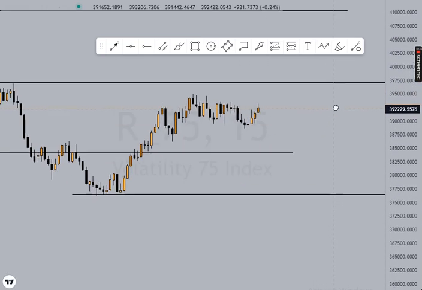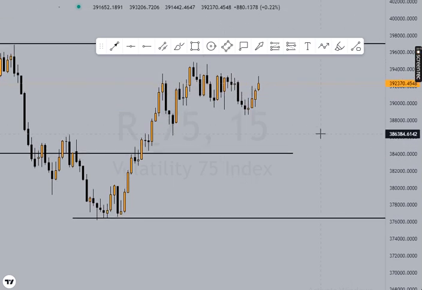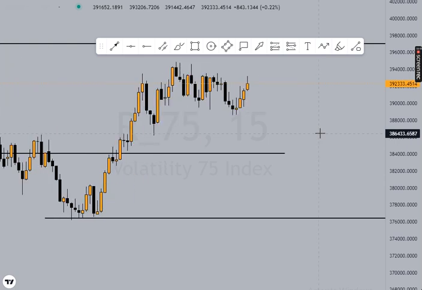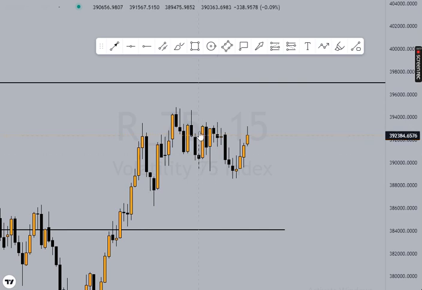Okay, so as you can see, what is the market doing? It's making higher highs, higher lows, higher highs, higher lows, higher high, higher low, up until we have a change of character on the 15-minute. That's when we can say, okay, this market is now pushing bearish.